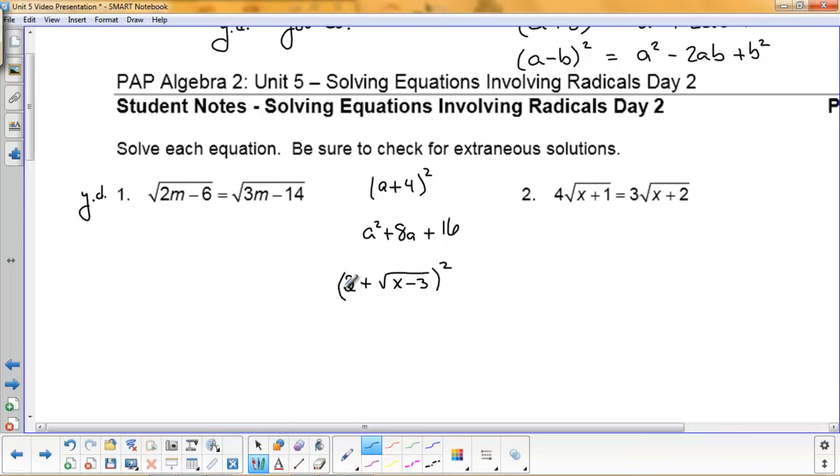So A is going to be 2, so 2 squared is 4. 2 times A times B. So A is that, so 2 times 2 is 4. B is that, so we're going to multiply it by the square root of x minus 3. And B squared is the square root of x minus 3 squared, so that's going to be x minus 3, because those two symbols will cancel each other out.